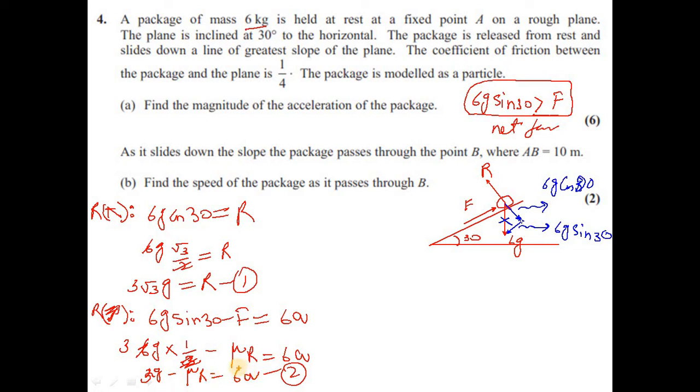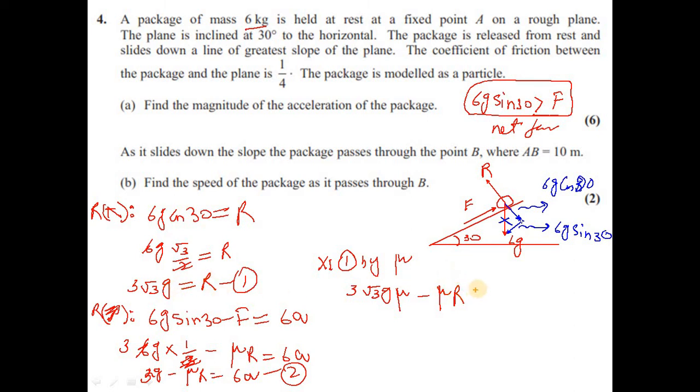You need to figure out acceleration. So you can solve these two equations simultaneously to find a, and the easiest method is you can multiply equation 1 by mu, and then you can subtract. So if you multiply 1 by mu, it is 3 root 3 g into mu minus mu R, sending R on the other side so I can subtract easily, and then multiplying by mu.